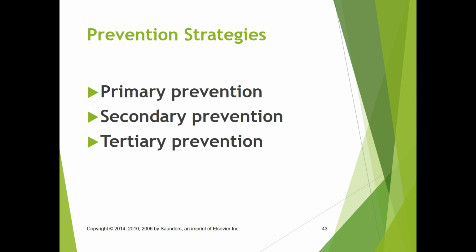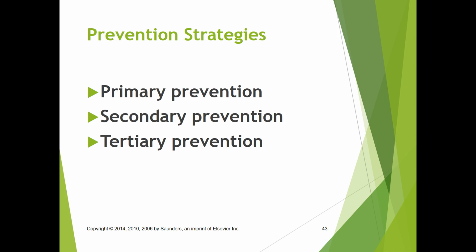Primary prevention is interventions aimed towards a well population, trying to keep them well, keep them healthy. Whatever problem we're talking about, whatever type of illness, whether it's psychiatric or medical, we want them to not ever develop the problem, not ever develop the illness.